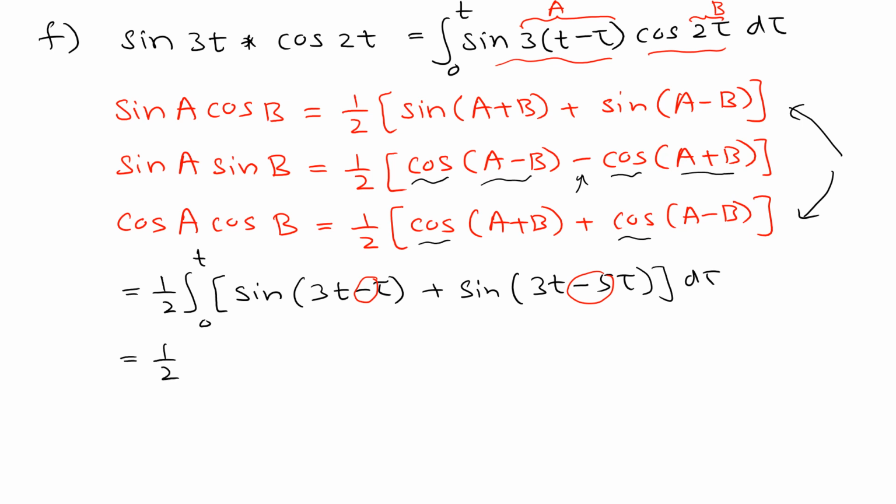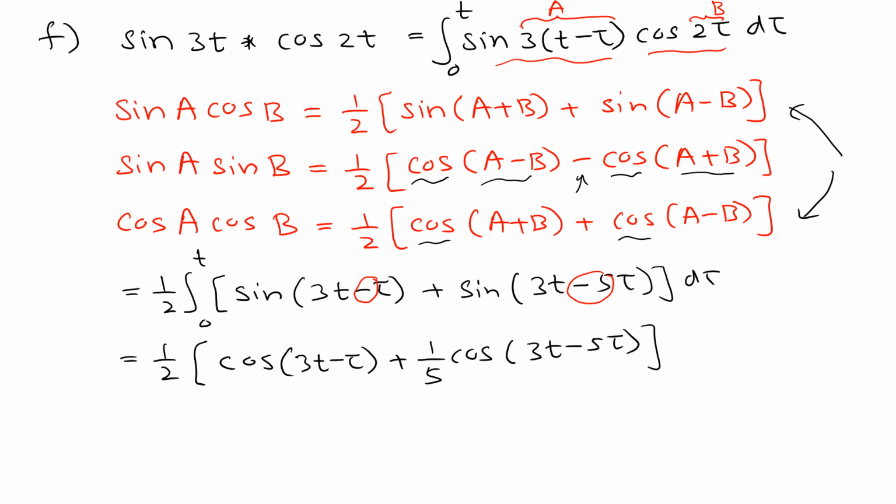The 1/2 is common, so it's outside. Sine becomes cosine, so it's cosine of 3t minus tau, plus 1/5 cosine of 3t minus 5 tau. Why are they positive? Because the integral of sine is negative, and again there's a negative coefficient, so the negatives cancel out. So it's positive. You evaluate at tau equals 0 and tau equals t.